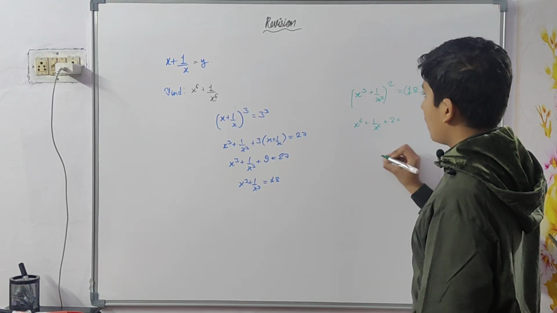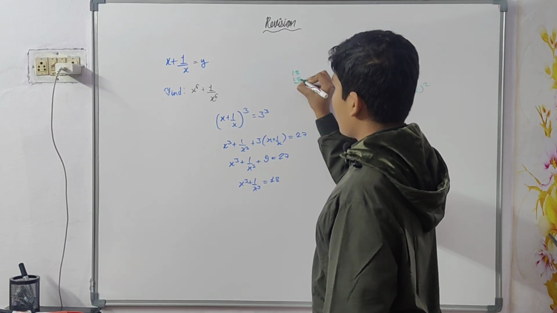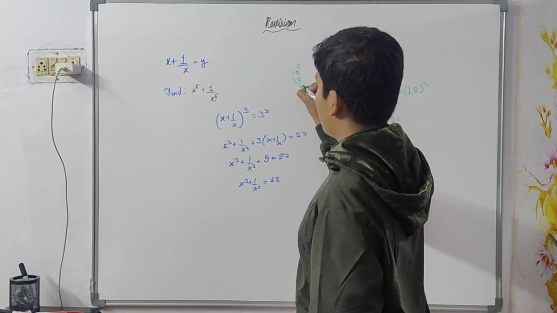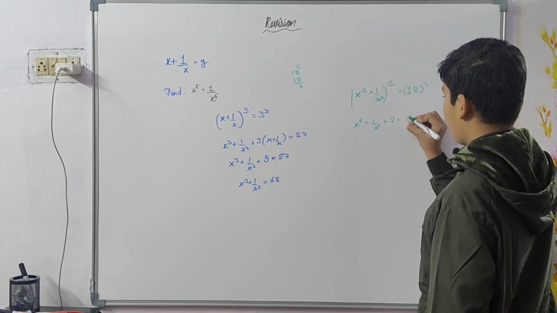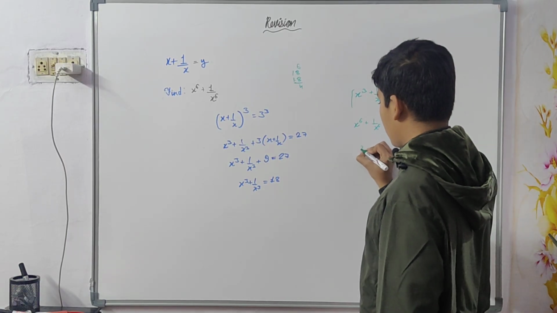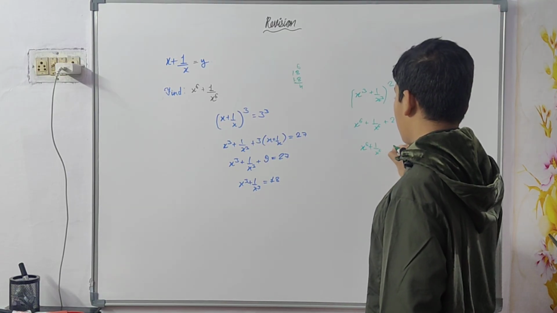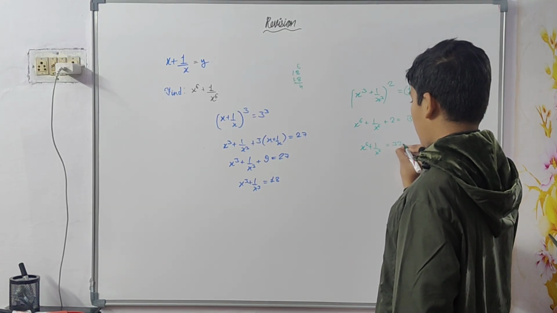I have to multiply it: 18 times 18 is 324. So x^6 plus 1 upon x^6 equals 322.